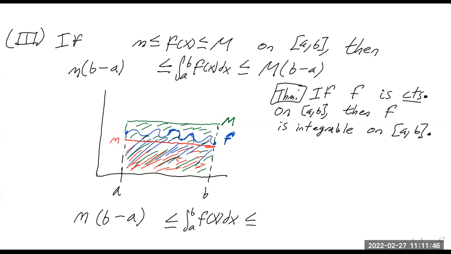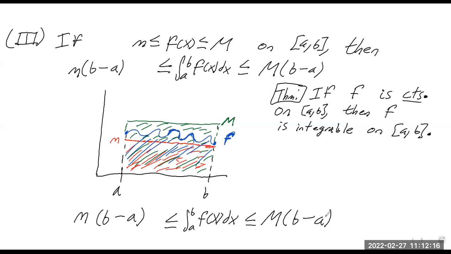And a similar argument here shows that the blue area is less than the green area. And so I got this capital M times b minus a. So you now should be able to just give a general rough sketch of justifying why some of these boundedness things happen.